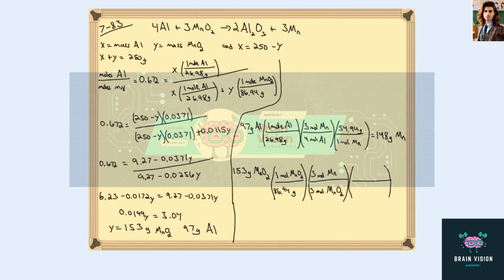Then when we have moles manganese, we'll multiply by the molar mass of manganese to get the mass of manganese that can be produced from 153 grams of manganese 4 oxide, and it's 96.7 grams. In looking at the two of these, this one is smaller. We can't make any more than what our limiting reactant allows, so the theoretical yield is simply 96.7 grams manganese.